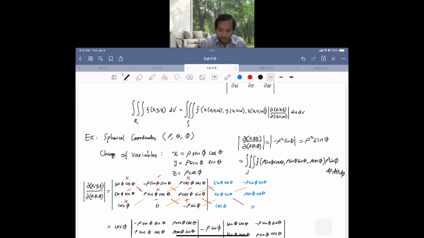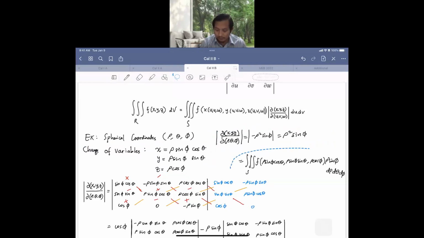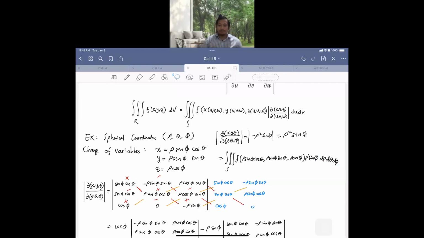Or if you would like to make it more clear, let me take this going to the side here, and this one going through here. And that is equivalent with what we had in the previous sections about the spherical coordinates, right?